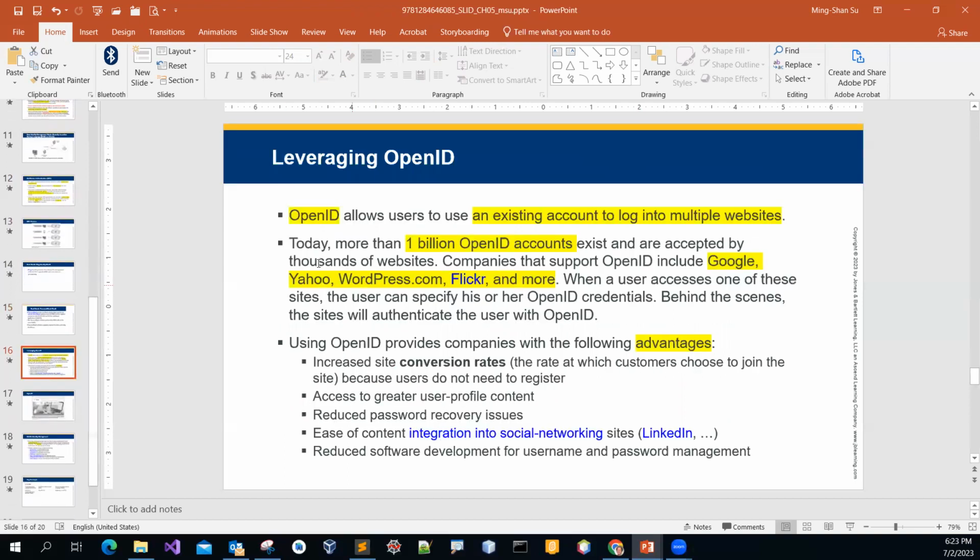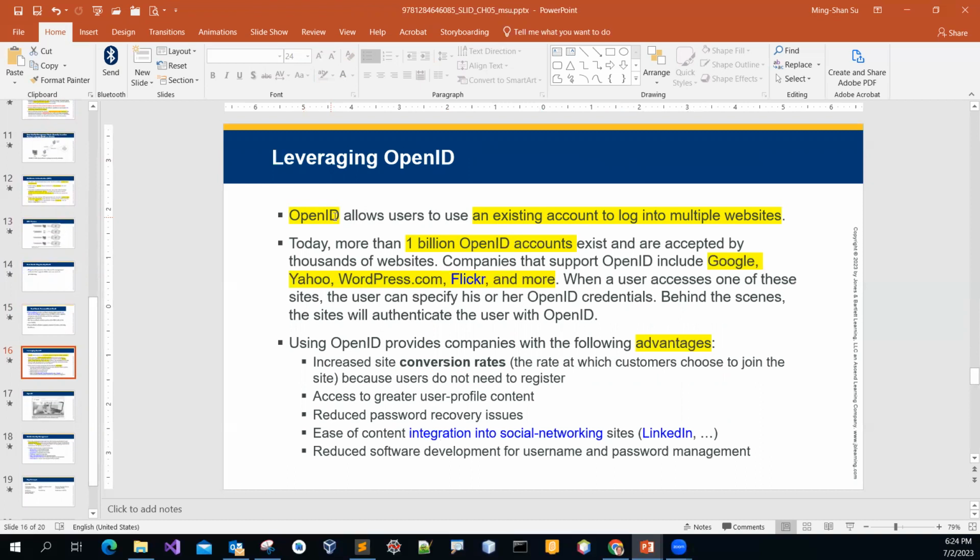Next one, leveraging OpenID. OpenID allows users to use an existing account to log into multiple websites.